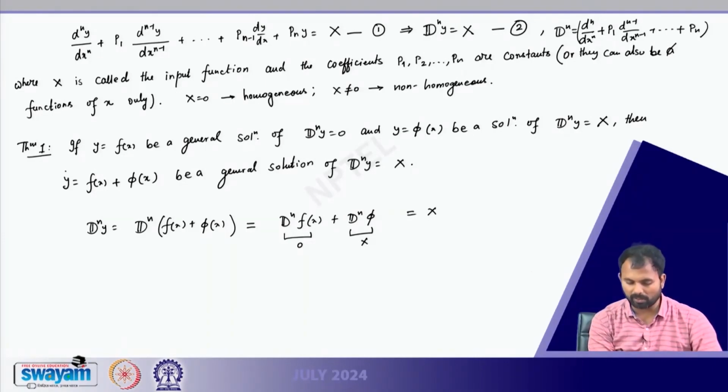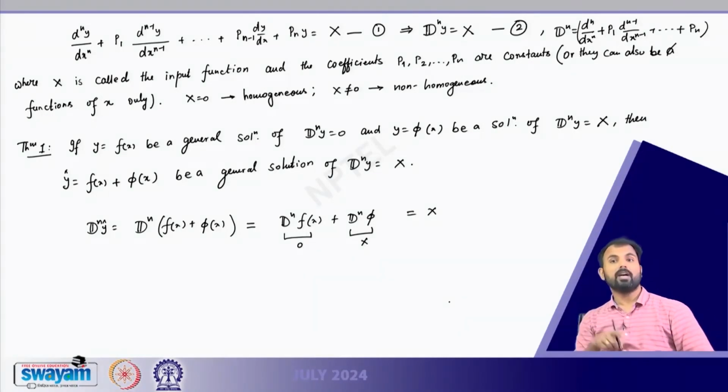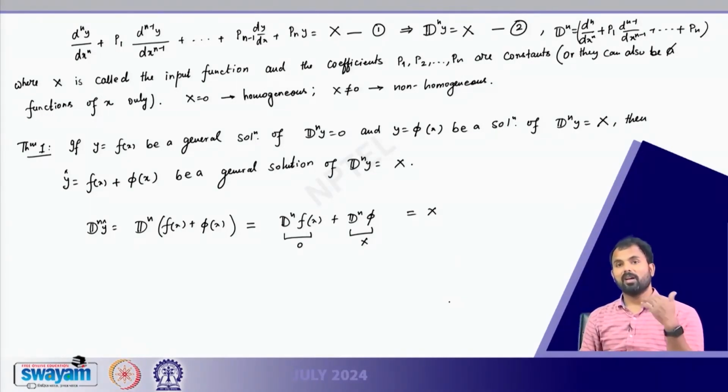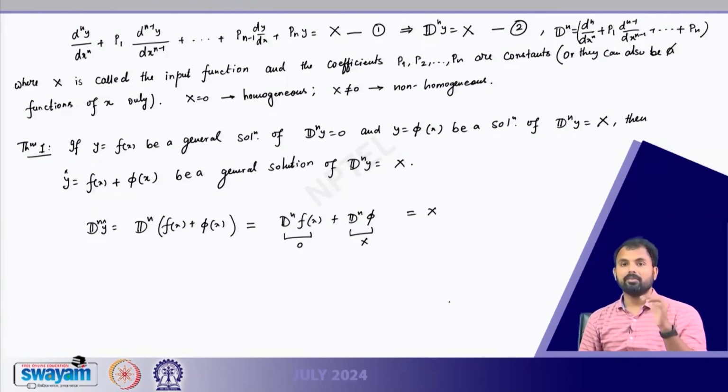You may want to call it y cap, that is also fine. So, y cap is a solution of the same equation, D^n y = capital X, right. So, this is the idea that runs behind a non-homogeneous ordinary differential equation. We determine the complementary function, which is taking the right hand side as 0. That means you work with the homogeneous equation and obtain the solution. That will be the complementary function for the given ODE, and then we obtain the particular integral and add them, and we say that this is the complete solution or the general solution of your given ordinary differential equation, right.